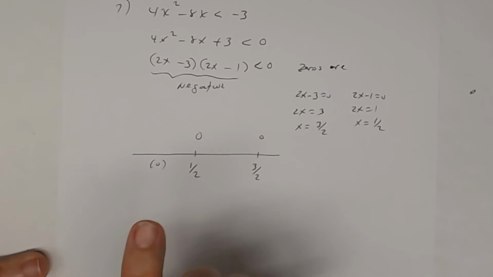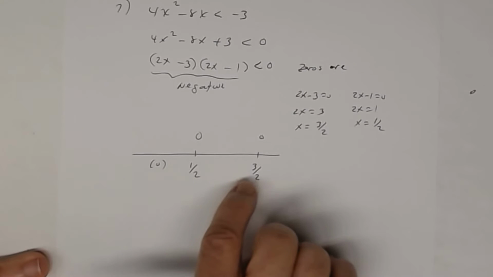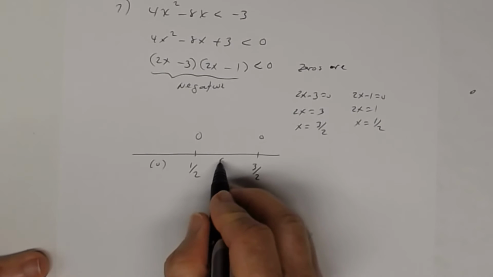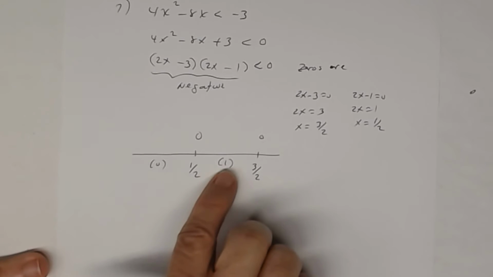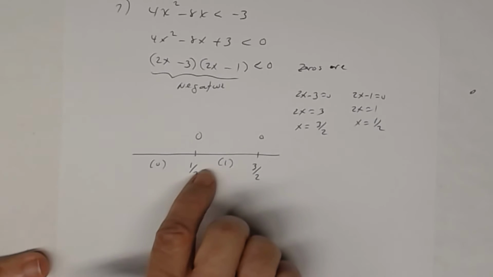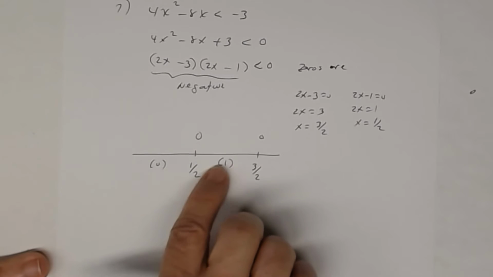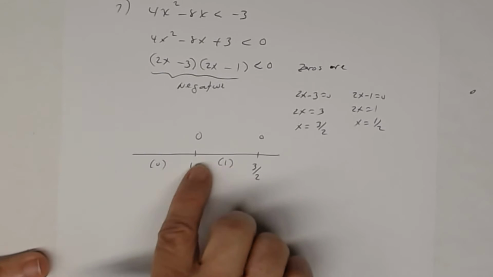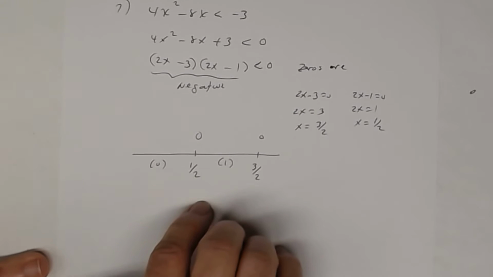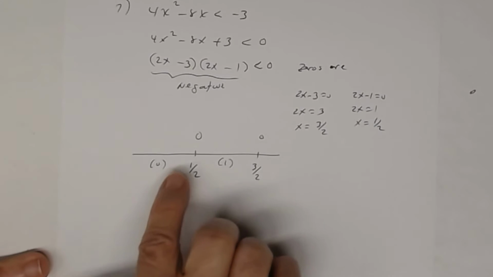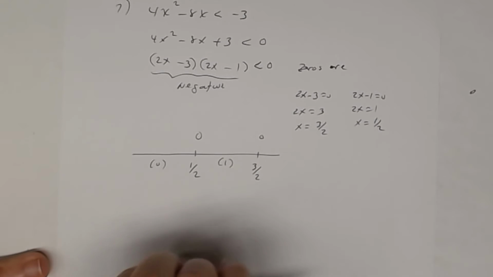Yes, there's only one integer that's between 1 half and 3 halves. What is that? The number 1. That's the only one. If you want to use any other number, though, you could. You could say 1.2. You could say 0.75. Any real number. There are an infinite number of real numbers between 1 half and 3 halves. But it makes things so much easier if your test points are integers.